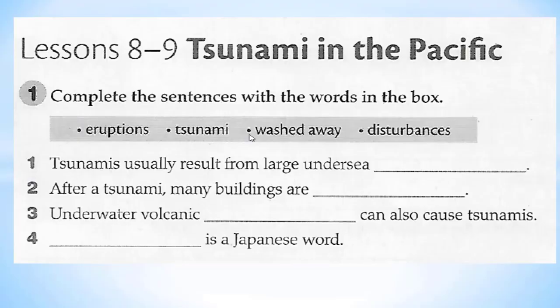Good job. Great. Now, tsunamis usually result from large undersea disturbances. So, large undersea, large underwater. Disturbances means the interruption of water undersea, making movement undersea.